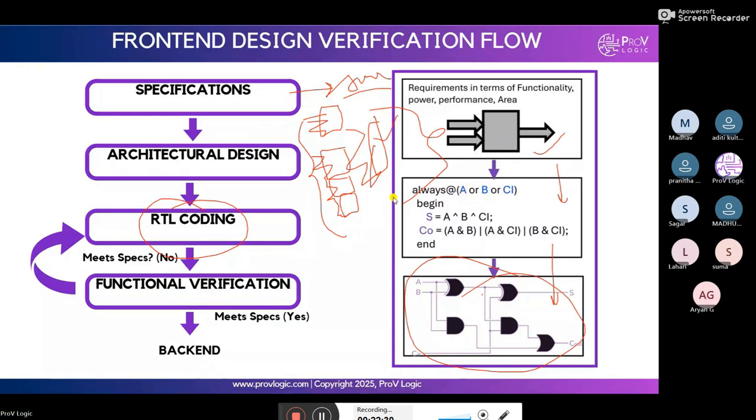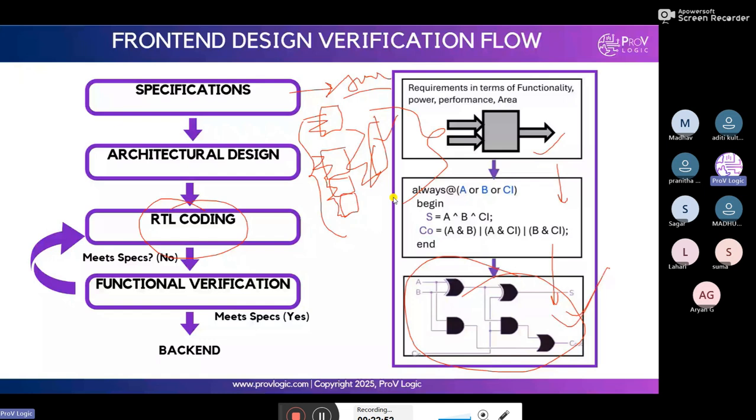After doing the synthesis, the same circuit diagram needs to be dumped into the chip, onto silicon wafers. Silicon is the semiconductor material we prefer compared to germanium, right? So we need to dump this same architecture circuit into the silicon wafers.